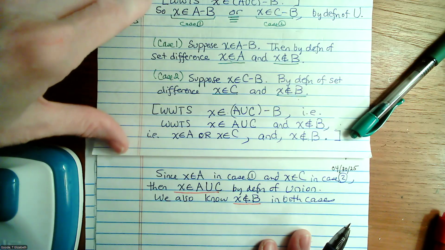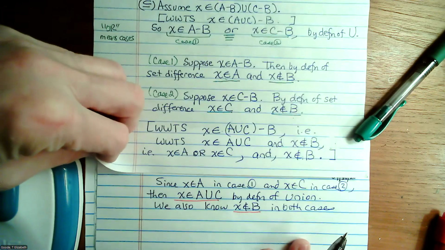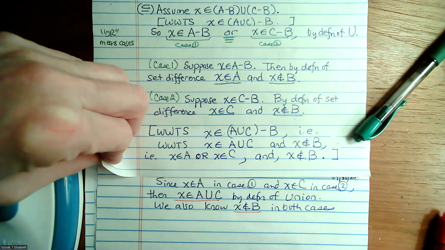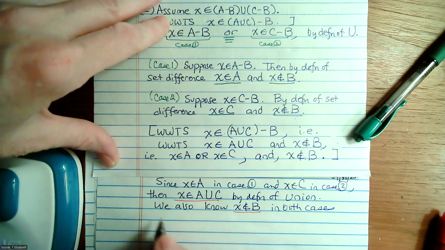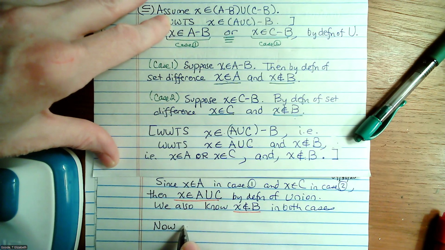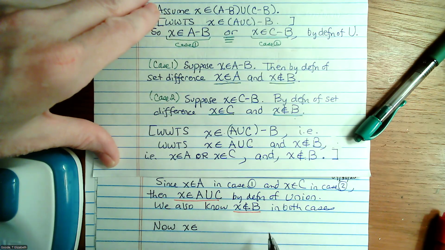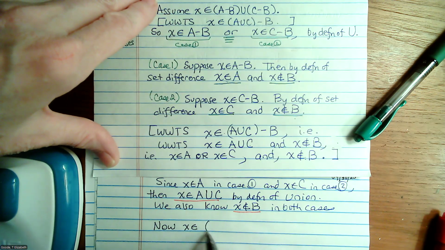Do you see it? We don't have to do another round of proof by cases for the second statement. We sure do not. So now X is an element of what? A union C.